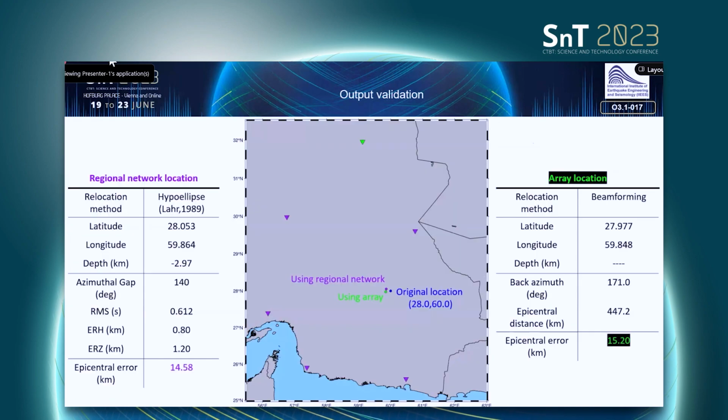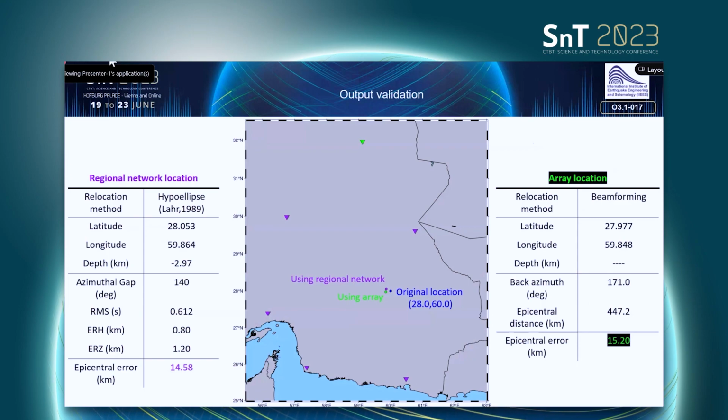So for further validation, I have applied another test, in which I relocated the synthetic event using our regional seismic network. You can see the locations in this figure alongside the relocation parameters here.